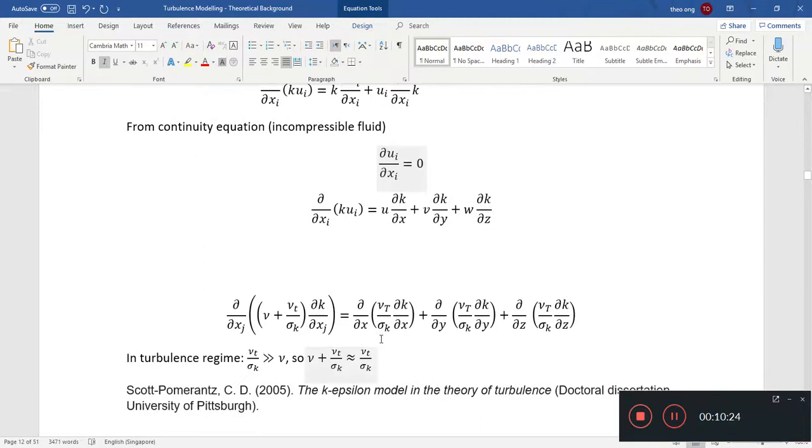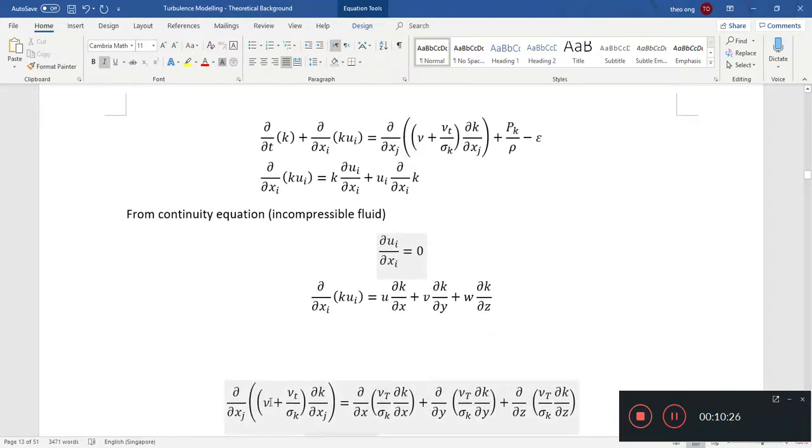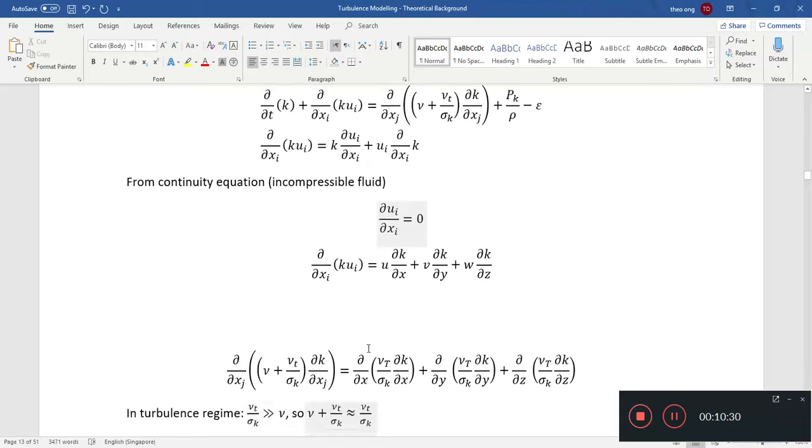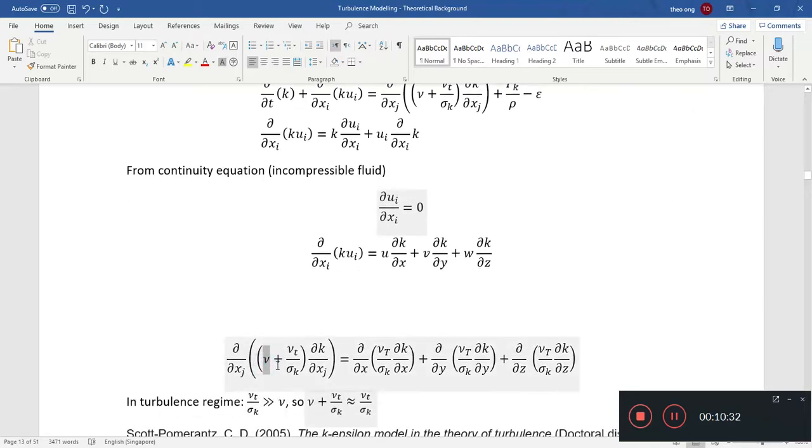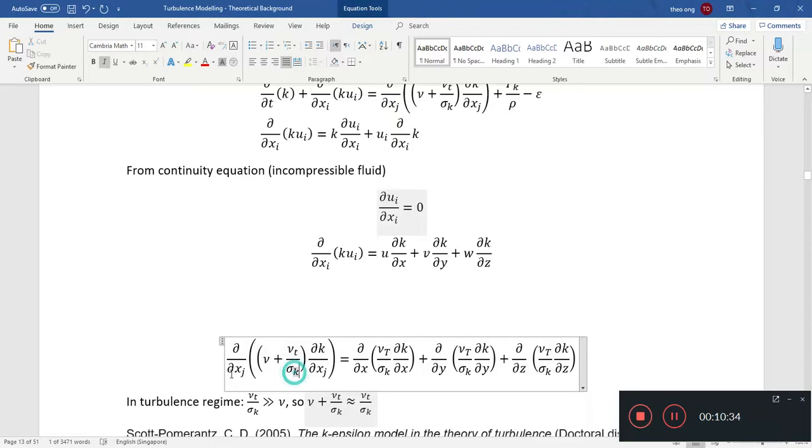Alright, so I'm going to show you some papers in a bit, but the long and short of it, I'm just equating these two terms, alright? So normally there will be this viscosity term here, and then there will be this turbulent viscosity term. So these are kinematic viscosity, but why has it been truncated like that?